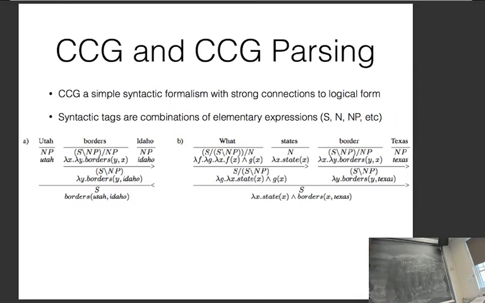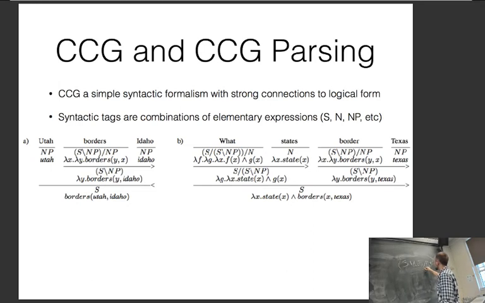And what these basically mean is S backslash NP in brackets with... what this basically means here is we first reduce the thing on the right side.